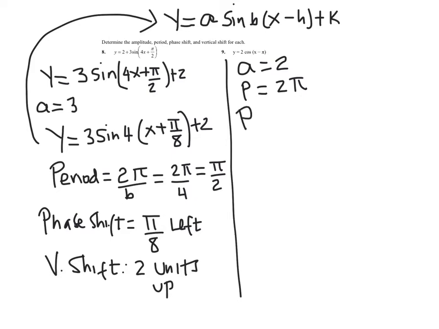And the phase shift is going to be pi units right. And then what else do I have? Do I have vertical shift? Vertical shift is not existent here, so I don't need to write it.